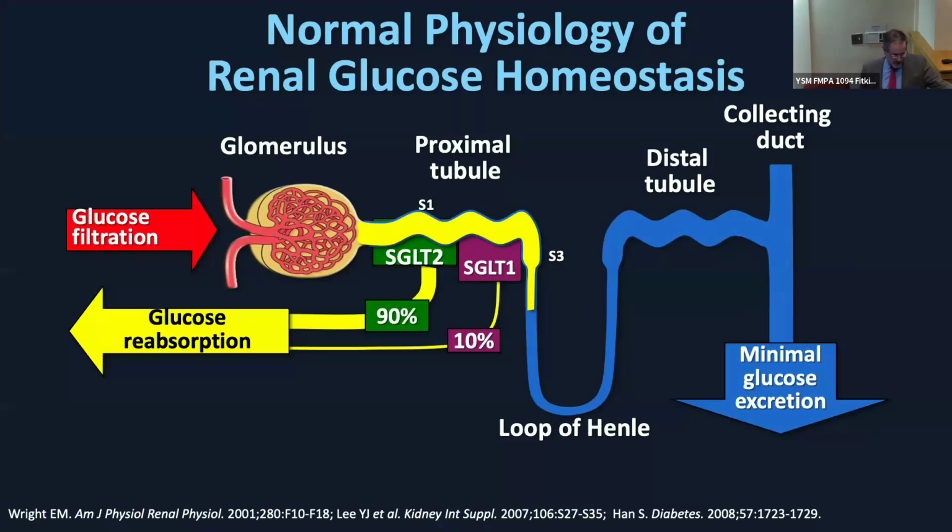Then the SGLT2 inhibitors were next to release their data, and here things got really, really interesting. So remember, you're filtering glucose at the glomerulus, and if you measure the glucose in the proximal tubule, it's identical to what's in the plasma. And that wouldn't be a very efficient use of calories, would it, if you peed out your glucose?